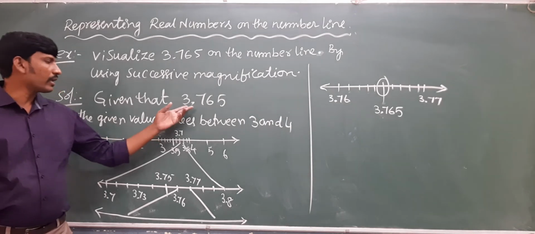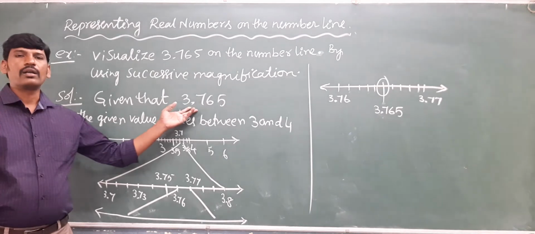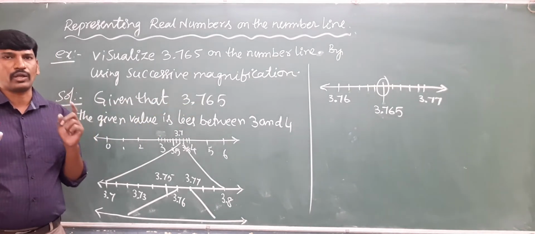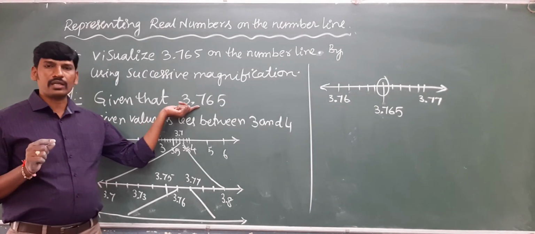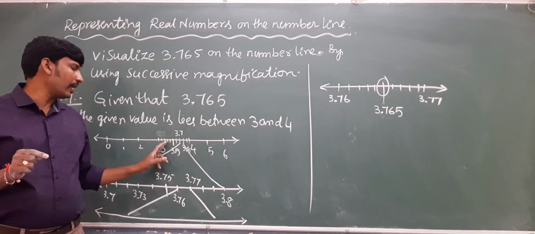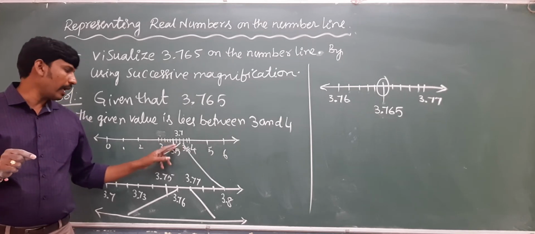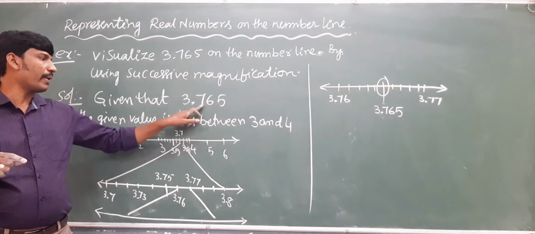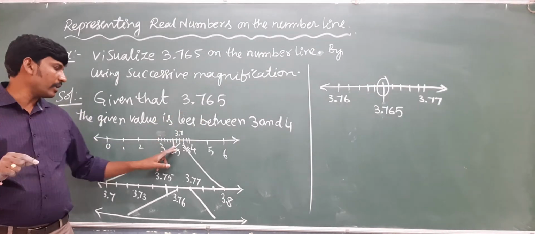See here, first of all, whatever the given number, you have to find out which two values it lies between. So here 3.765 is given. This value lies between 3 and 4. In between 3 and 4, you will be having 10 lines. So take the first decimal place, that is 3.7. So 3.7 and 3.8.